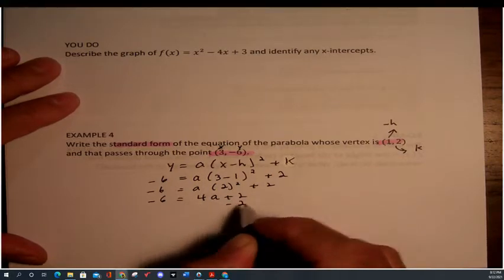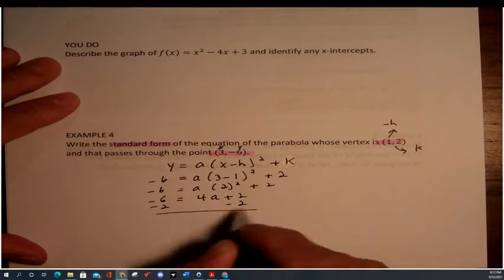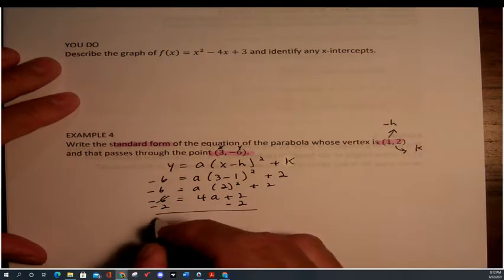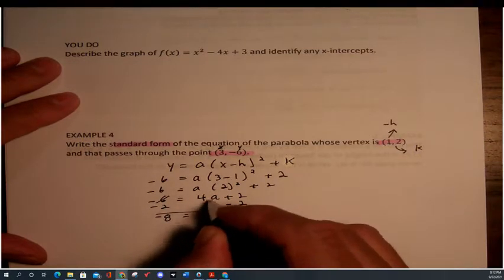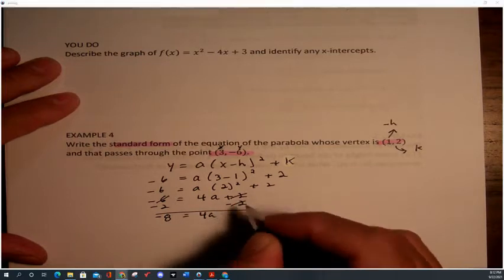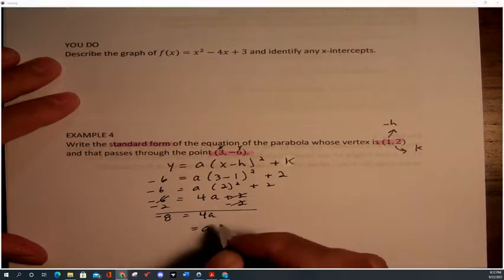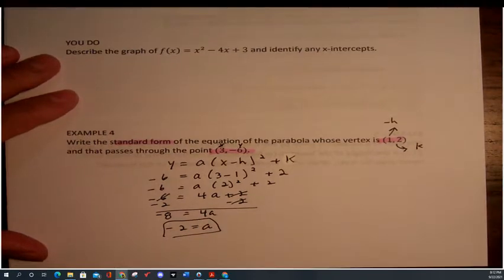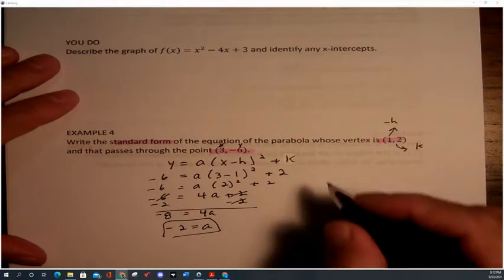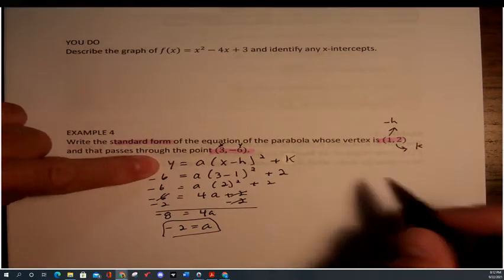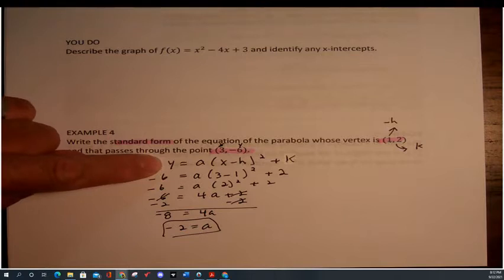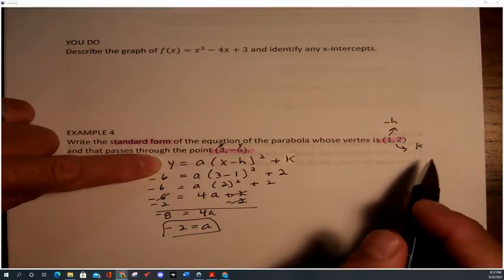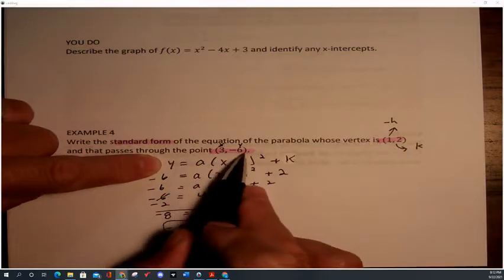And continuing to solve this equation, we'll subtract 2 from both sides. This gives me a negative 8. Bring down the 4a, that cancels out. Then divide by 4, I get a is equal to negative 2. That is not my answer. That just tells me what a is. I do want standard form. So again, using the standard form of a parabola, I'll substitute in all of these values except for x and y.